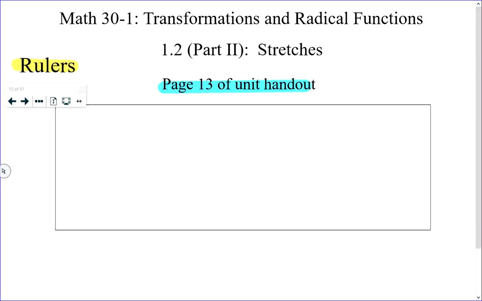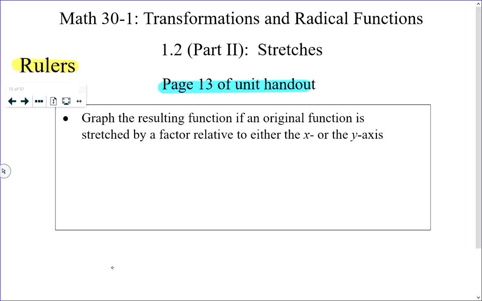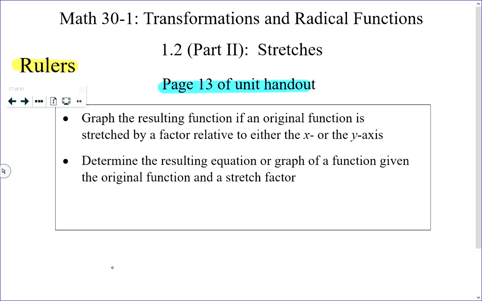Well, today we're going to look at a third type of transformation called stretching. And then tomorrow we're going to put all three together. We're going to be looking at reflections, stretches, and translations tomorrow being applied to a single function. So if an original function is stretched by a certain factor relative to either axis, we should be able to graph the resulting function.